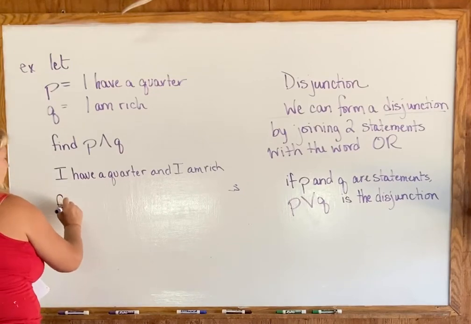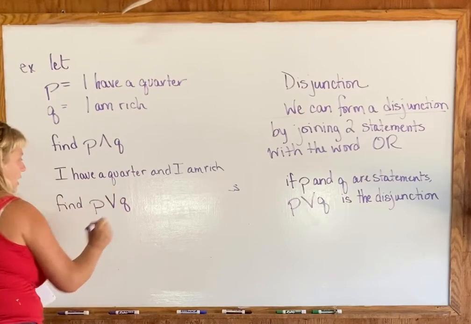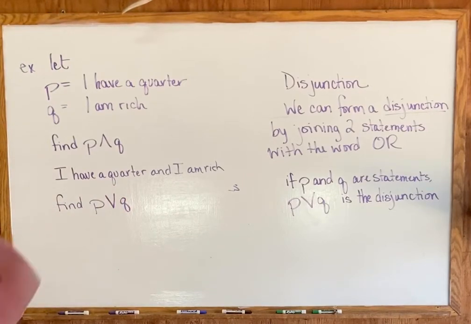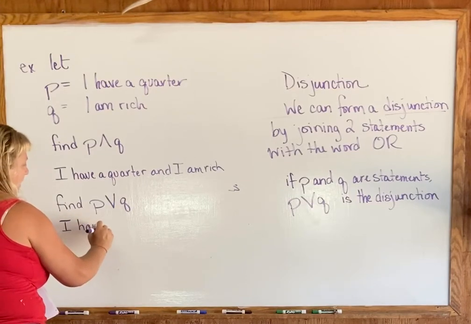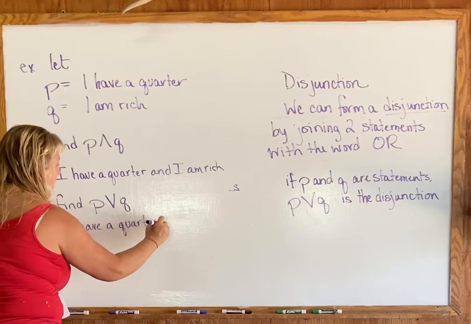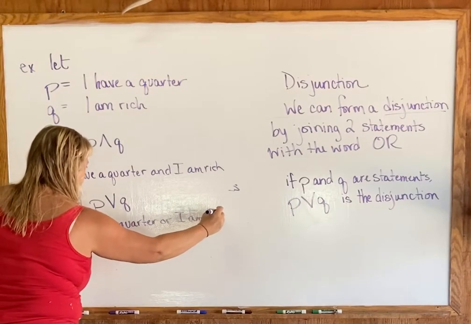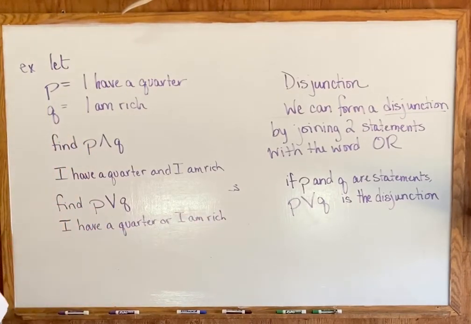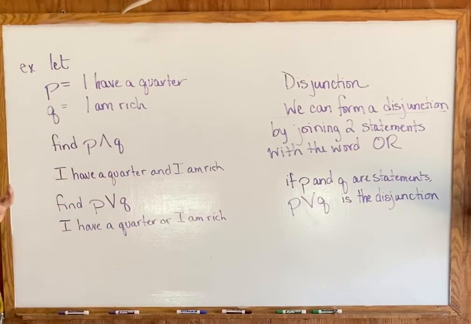We can also turn this around though and find P or Q. Okay, P or Q. So P or Q is I have a quarter or I am rich. All right, so just combining the two statements together, and what we've done is made kind of just a bigger statement.